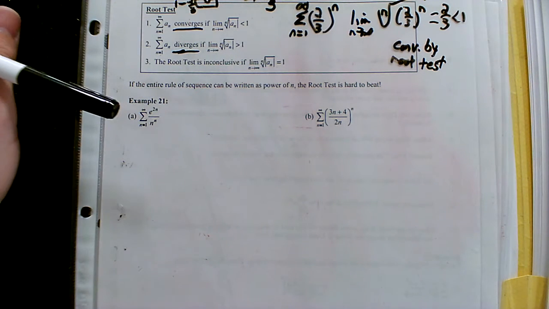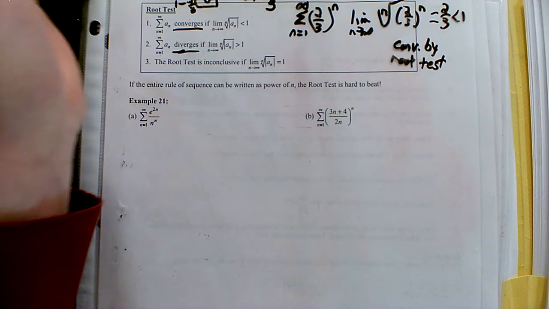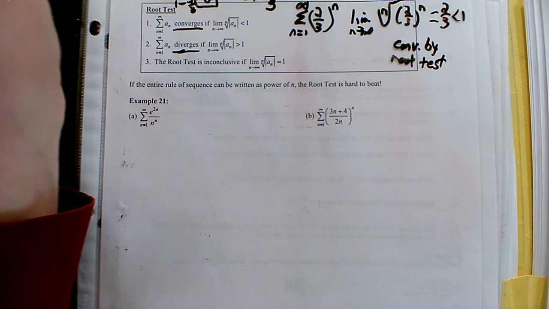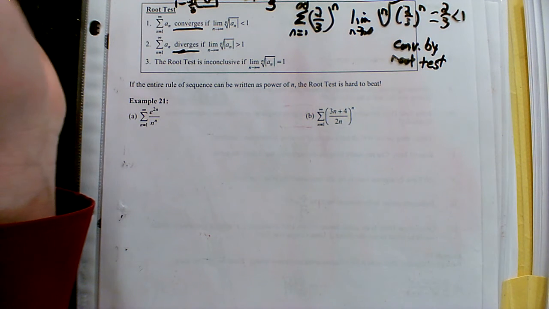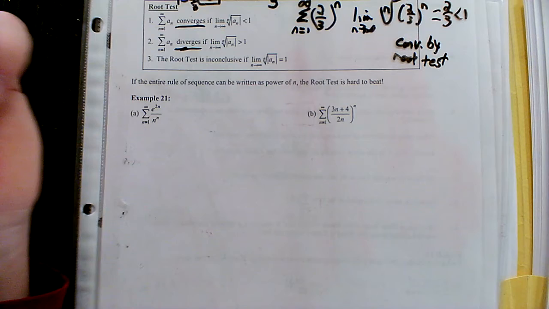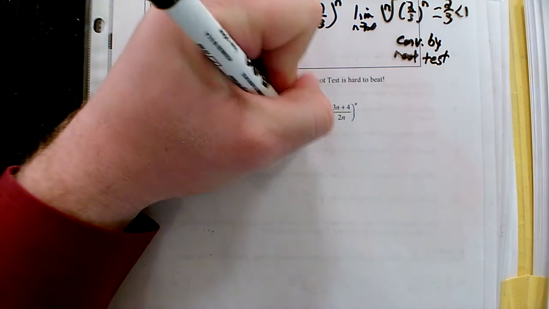We have the infinite series of 3n plus 4 over 2n, all to the nth power. So again, it's already raised to the nth power, so this one's an easy one. I want to use the root test because we want to take the nth root of it.